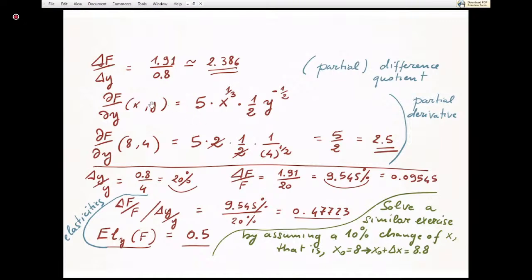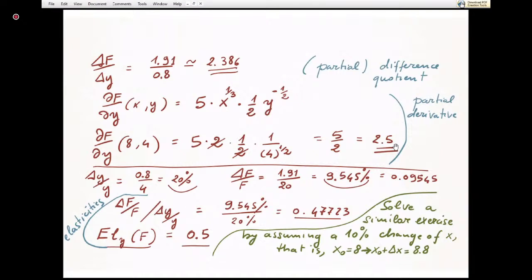Now I have to evaluate this partial derivative at the initial input levels, (8, 4). So 5 times 2, this is 1/2, and this becomes 1/4 y to the power of 1/2, so it becomes 1/2.